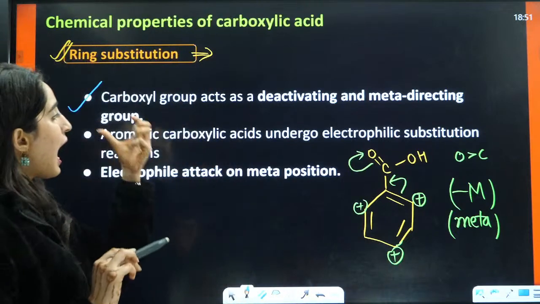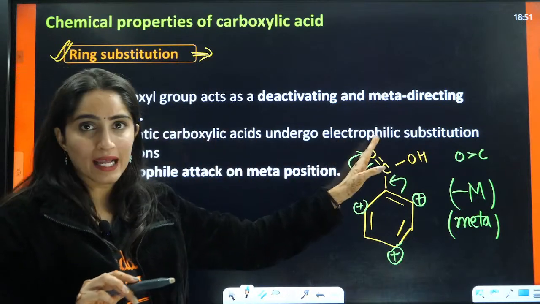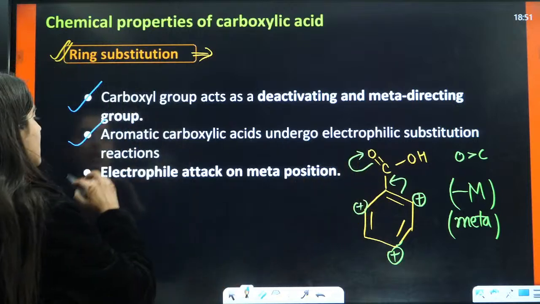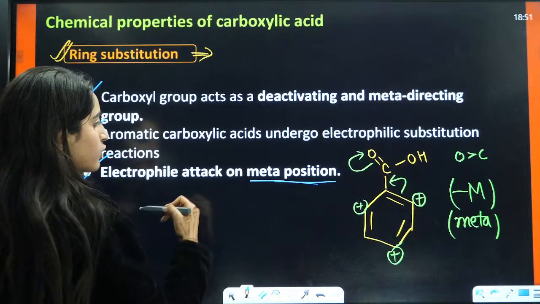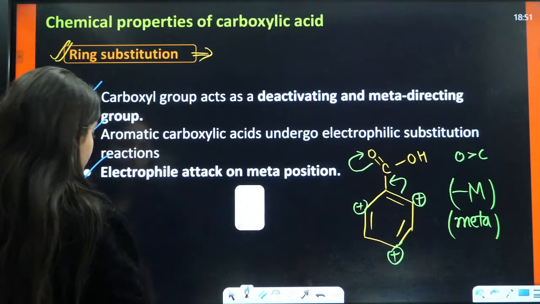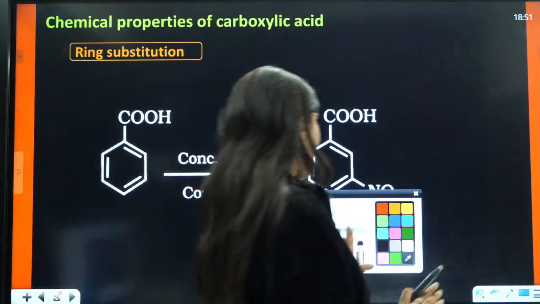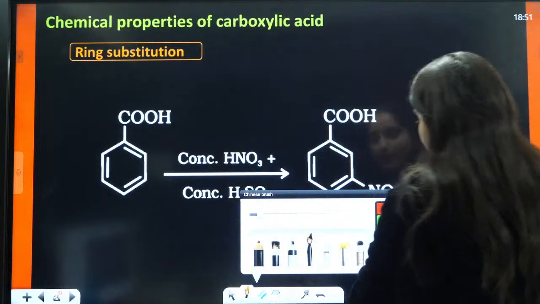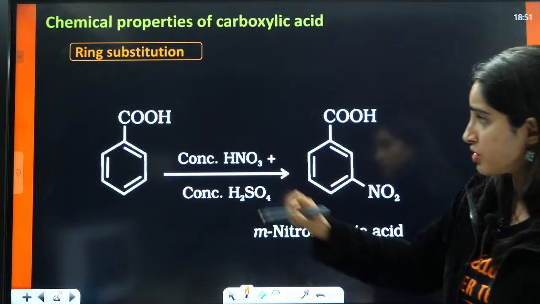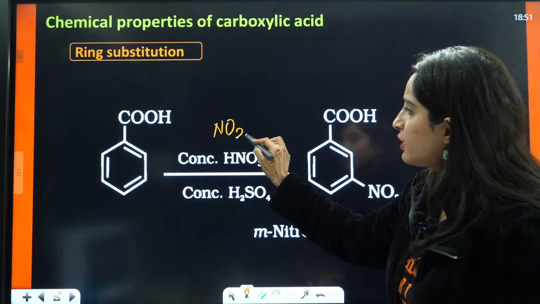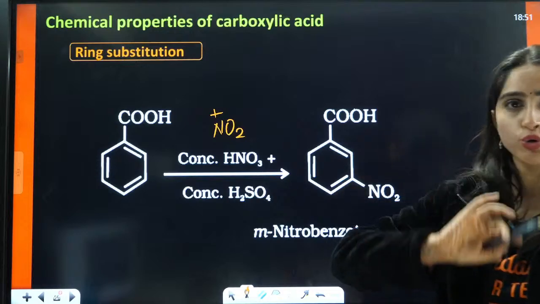Then we have aromatic carboxylic acids undergoing electrophilic substitution reactions, with electrophilic attack on the meta position, and there you will also see one exception. First, when you have the nitrating mixture, the electrophile that is formed is NO2 positive.